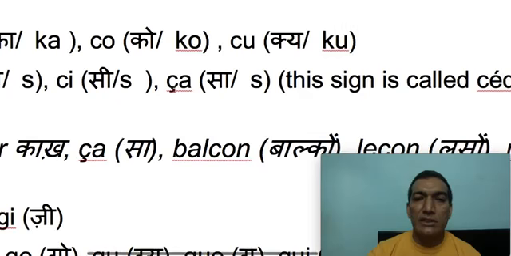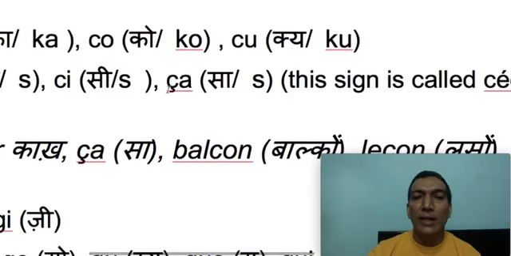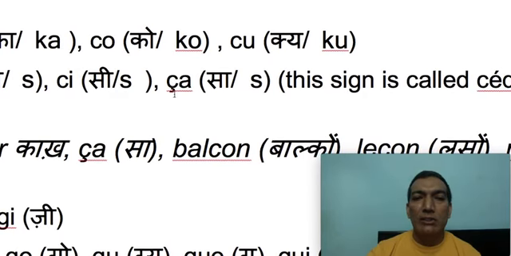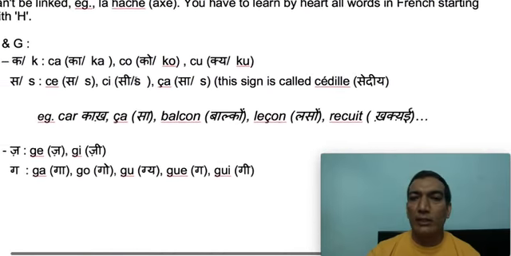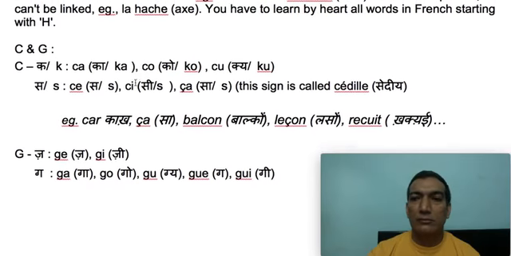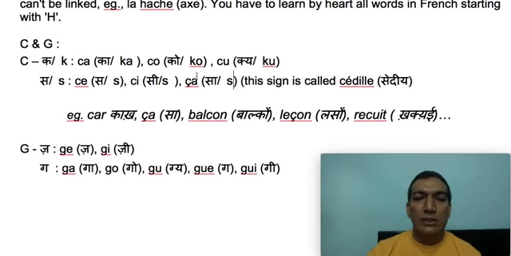So this sign just below the letter C is called cédille. So whenever C is written with a cédille, it is always pronounced as S and not K, as we have seen just before. So ça is pronounced as sa and not ka.